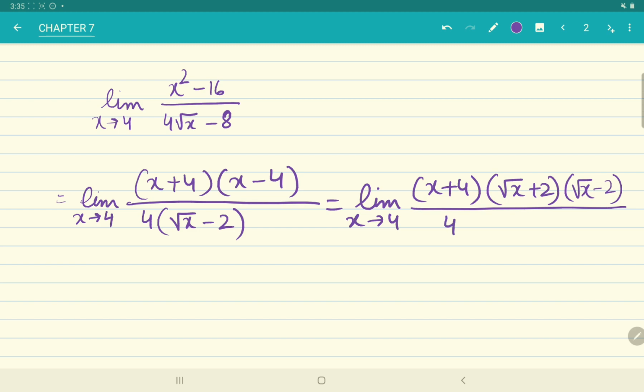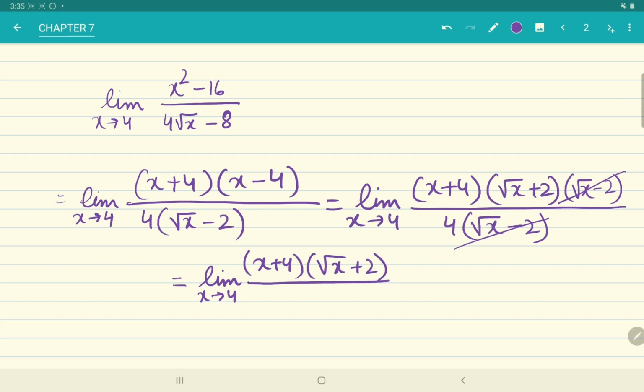This then can be written as 4 root x minus 2. Now these two get cancelled, and that means we are left with limit x tending to 4, x plus 4, root x plus 2 divided by 4, which is nothing but 8 multiplied by 4 divided by 4, and you get the answer as 8.